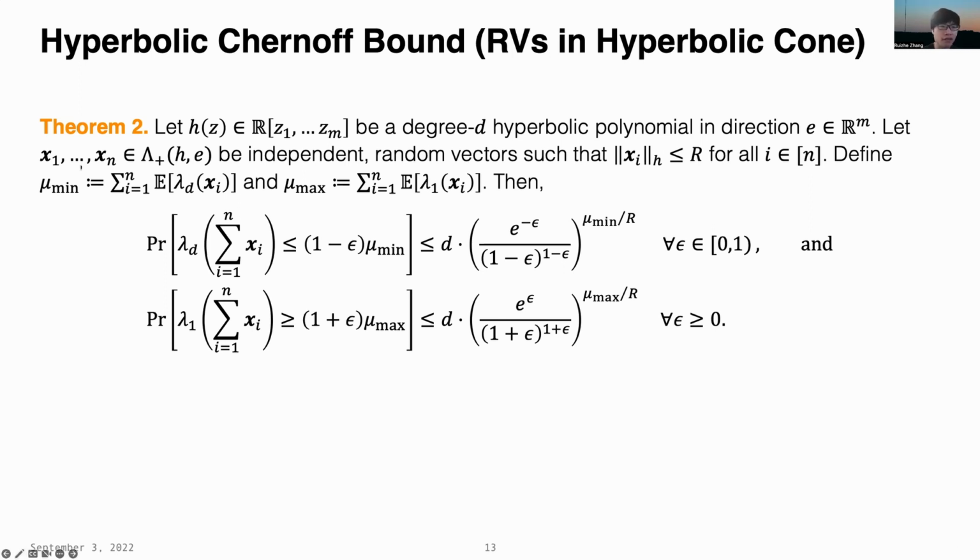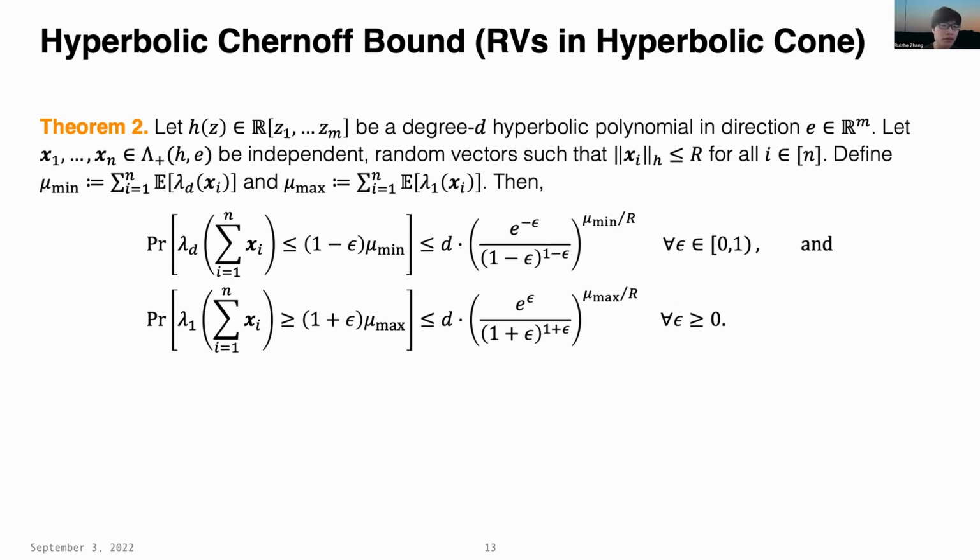So we consider X1 to Xn being independent random vectors with support in the hyperbolic cone of hyperbolic polynomial HZ, such that each random vector Xi has hyperbolic spectral norm at most R for some parameter R. Now we define two parameters, mu min being the sum of the expected minimum hyperbolic eigenvalue of Xi, and mu max being the sum of the expected maximum hyperbolic eigenvalue of Xi.